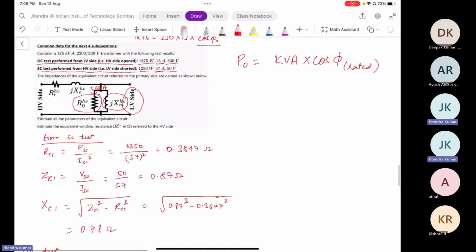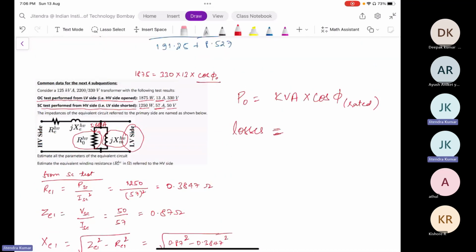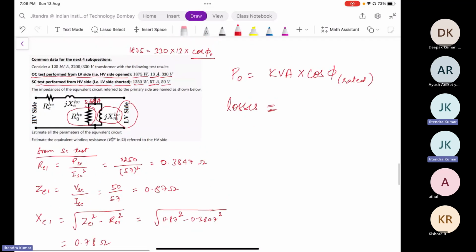Now losses you have already computed, right? So losses will be generally core loss and copper losses. Copper losses you can compute from the resistance in the short circuit test, but core loss computation would be a bit challenging here. So I think core loss parameters should be given, otherwise it would be difficult.